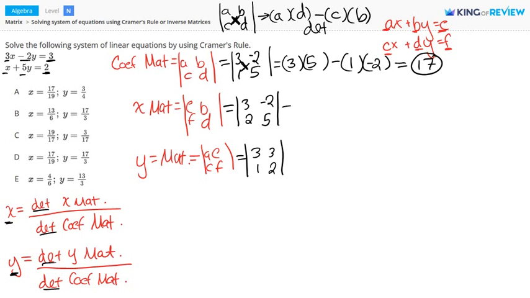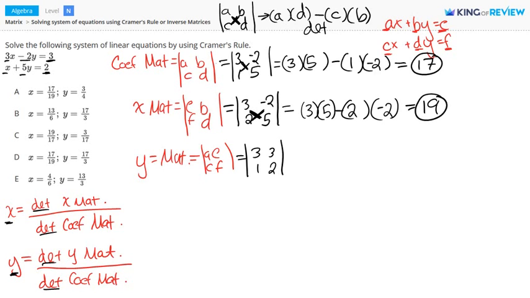Now let's set up the determinant for the x matrix. We'll start by taking the product here. So we have 3 times 5, and then we'll subtract 2 times -2. So 3 times 5 minus 2 times -2, and when you work this out, you get 19.